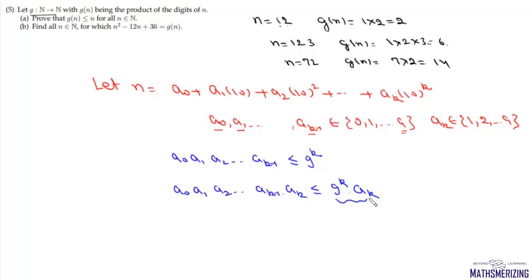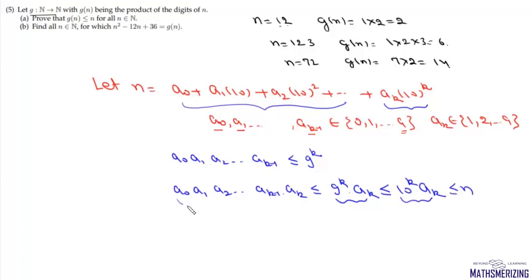Now 9 to the power k into ak is always less than or equal to 10 to the power k into ak. Now 10 to the power k into ak plus all these other terms is equal to n. So we can simply say 10 to the power k into ak is less than or equal to n.